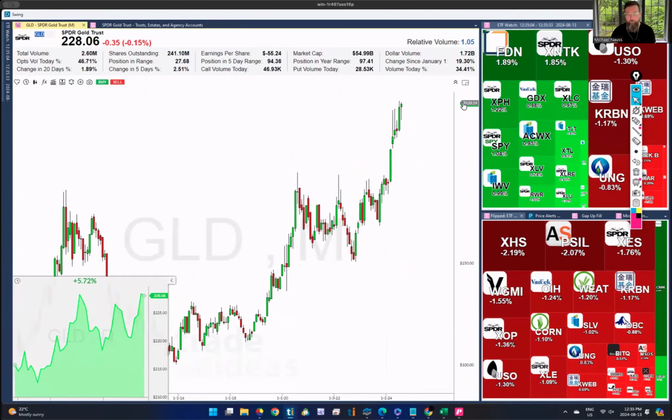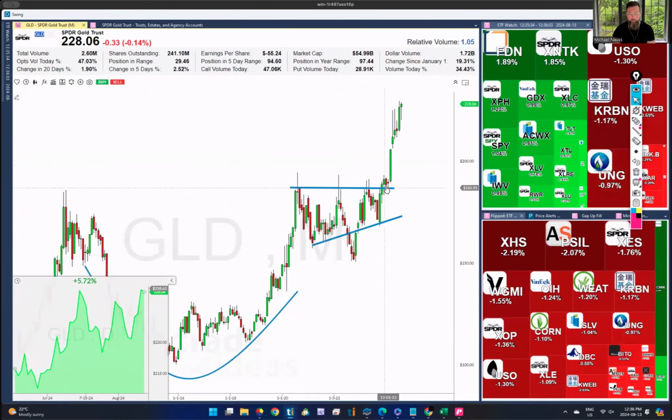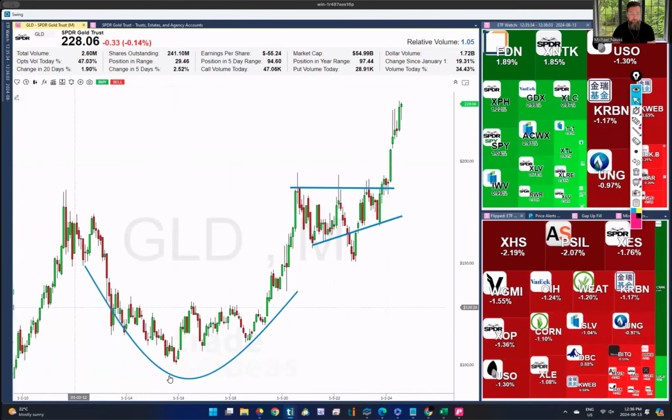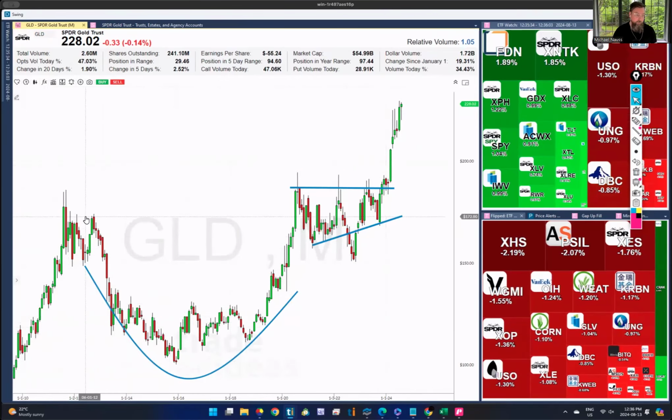I've been a gold bull for a while, since kind of right in this area. And the reason for that is this long-term cup and handle pattern. And this is long-term. We're going back to 2012. So 12 years, this cup and handle pattern's taken to play out. Full disclosure, I have some gold.